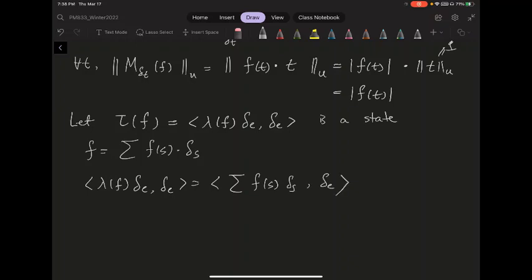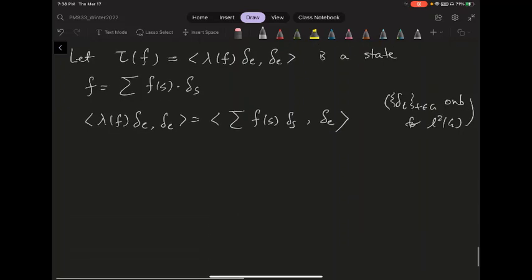And because these delta t, t inside G, are orthonormal bases for the little L2 space, when you take the inner product with delta e, you only pick up the value at e, okay? So a lot of these inner products are going to be 0.